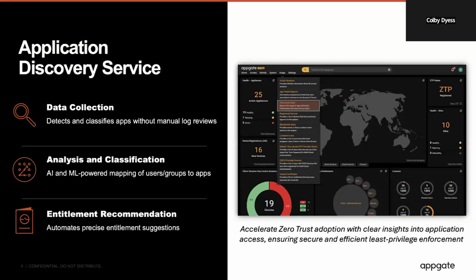There won't be any manual digging required now. By leveraging Appgate intelligence and machine learning technologies, the service will analyze those patterns, map the users to the groups and to the applications they access. So that's already done for you. And then it goes a step further by generating entitlement recommendations, so your team can confidently enforce least privileged access without slowing down the operations team either.